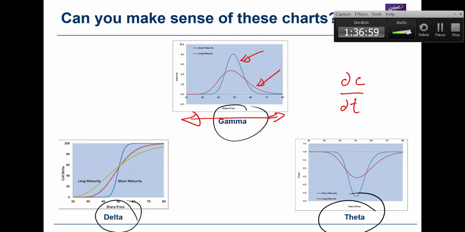Do you all understand his observation? He is saying that here, it looks like the peak is occurring somewhere there, but for the short maturity, the peak is occurring somewhere here. Why is that? That is his question.